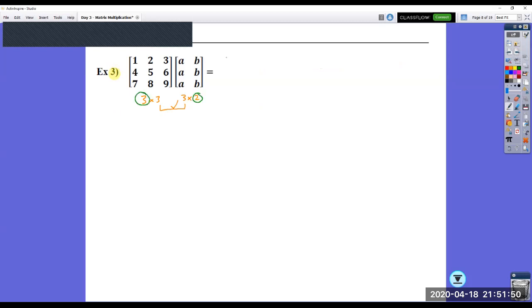My answer is going to be a 3 row by 2 column answer. The middle ones are always what I check. If those are good, I use the outside ones, and that will tell me the dimensions of my solution matrix. Okay. Now, remember, I always use rows from the first one.